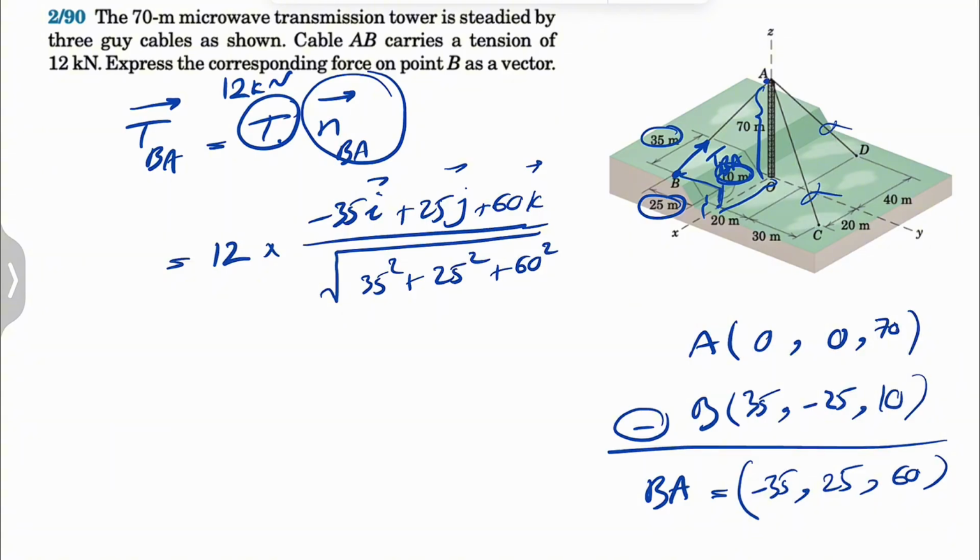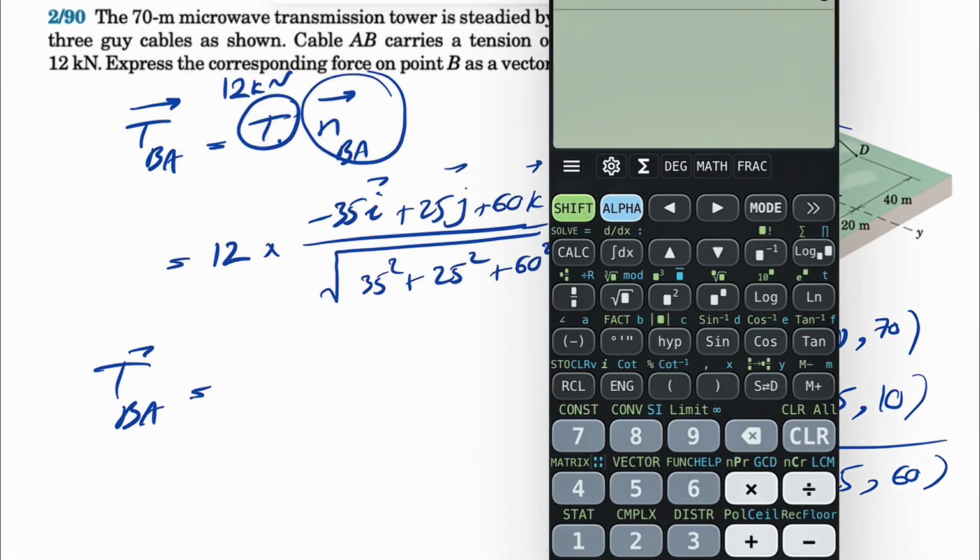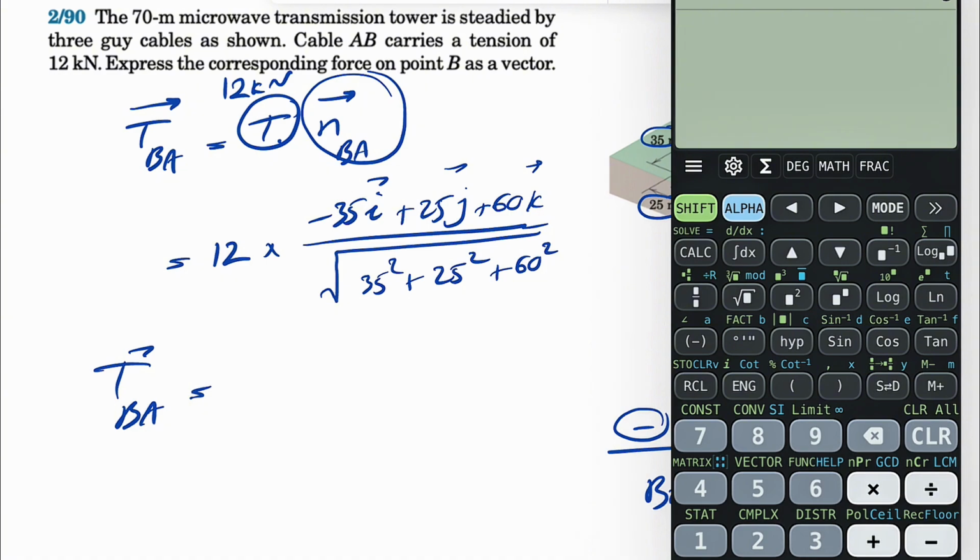Again, feel free to check that video out, which explains the details of this more. And the rest of this is just calculating. Let's get our ratio here. So first of all, we have 12 times this ratio where the denominator is the same, 35 squared plus 25 squared plus 60 squared, and on the top we have negative 35.